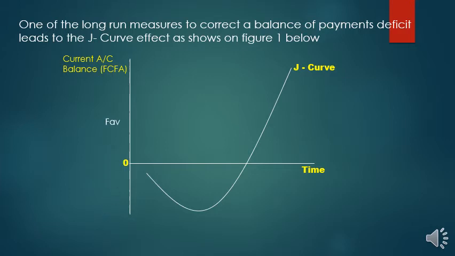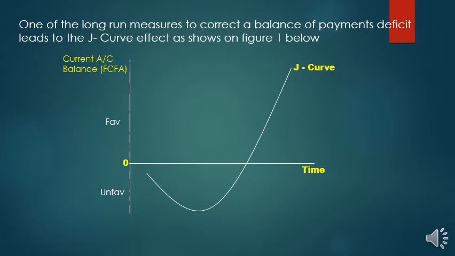So the next thing we have, the portion of the vertical axis above the 0 is always the favorable part of a balance of payment, while the portion below is the unfavorable part.